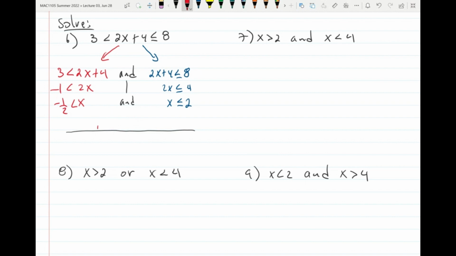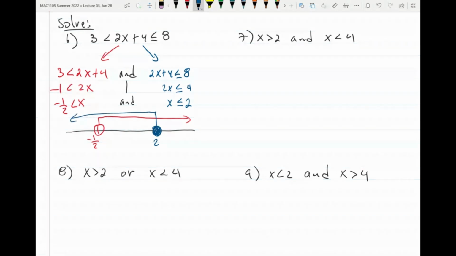So we have -1/2. That's an open circle. Where should I go, right or left, for the first one? So we go right because x is bigger. And then for the other one, we have a 2 as a closed circle. Should I go right or left? We go left.